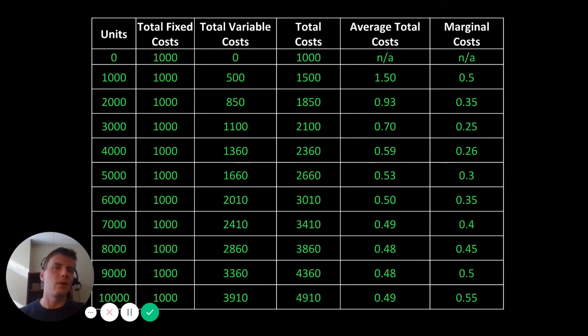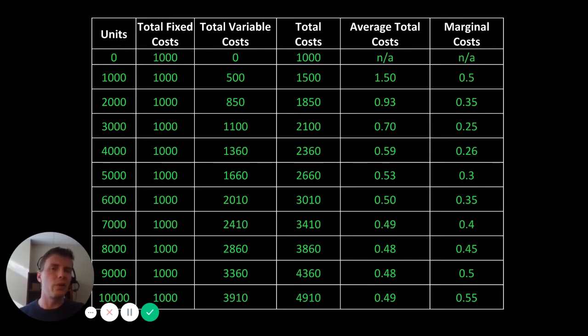The change in the units of production is going from 0 to 1,000. So we have 500 in the numerator and 1,000 in the denominator. Dividing 500 by 1,000 gives you 0.5. So the marginal cost of production when you're producing 1,000 units is 0.5.